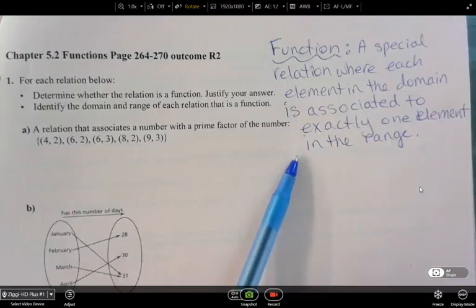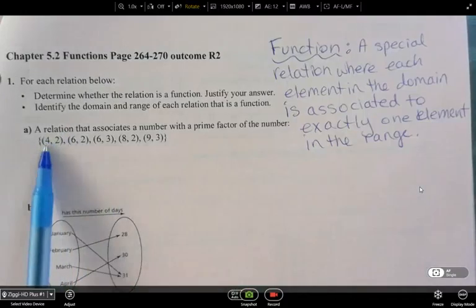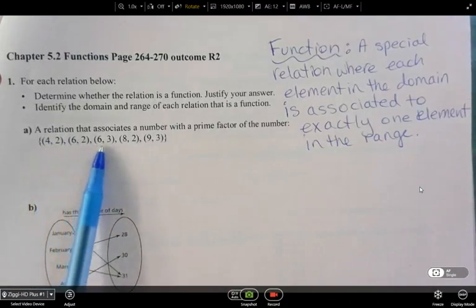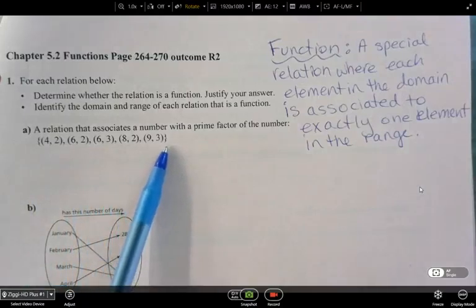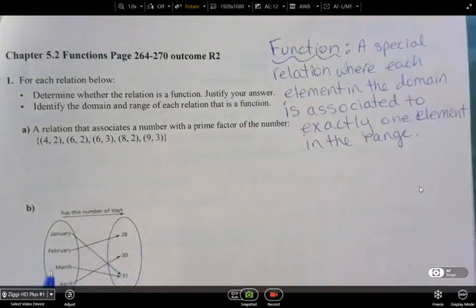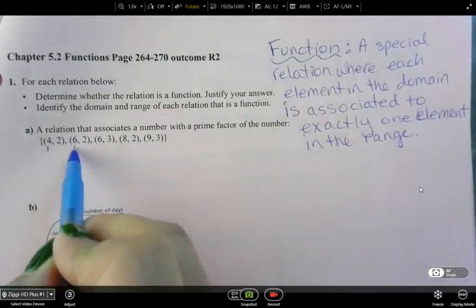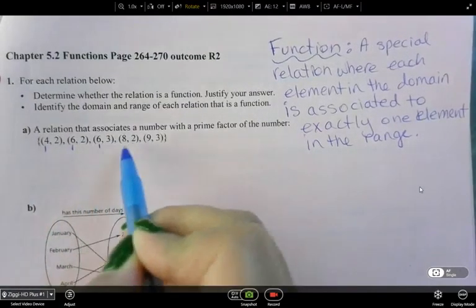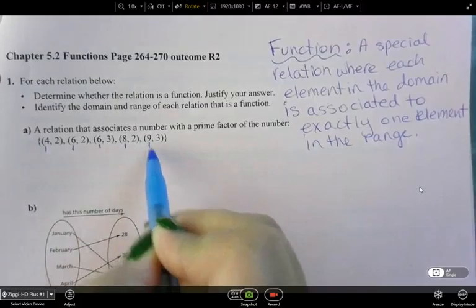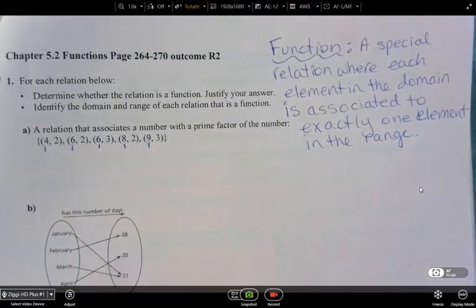The second. So over here in this set right here, I've got a bunch of points, right? Now, which numbers are part of the domain? So the 4, the 6, this 6, 8, and the 9. Those are my domains.